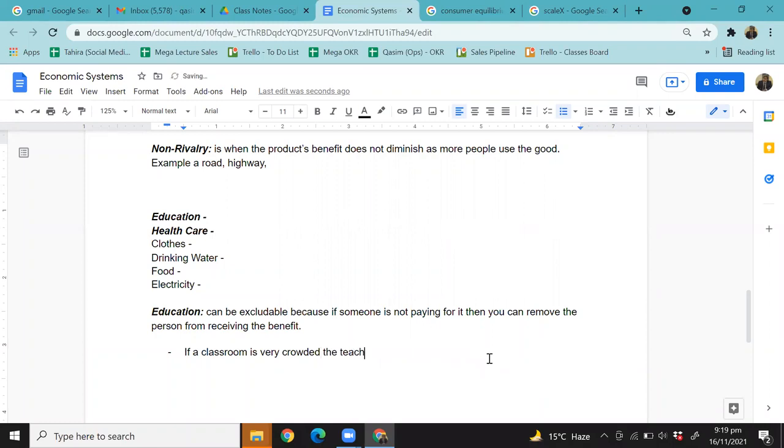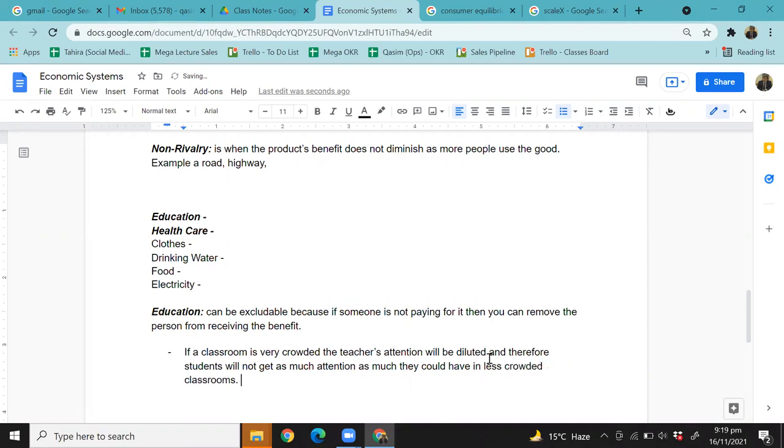So let's put it like this, right? If there are so many students in a classroom, the teacher's attention will be diluted. Therefore, students will not get as much attention as they could have in less crowded classrooms.